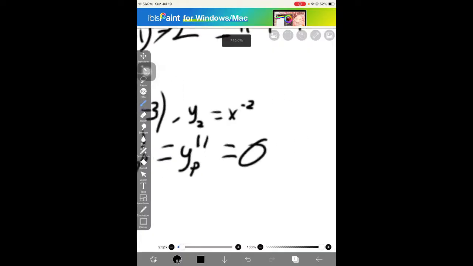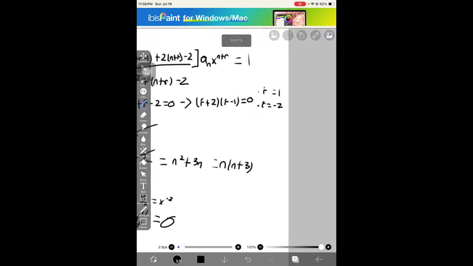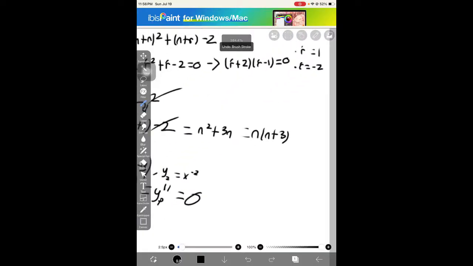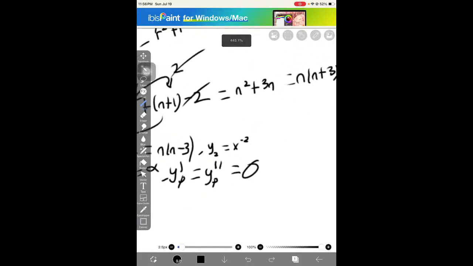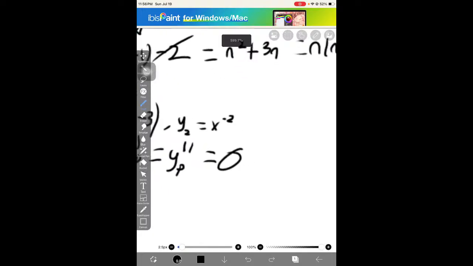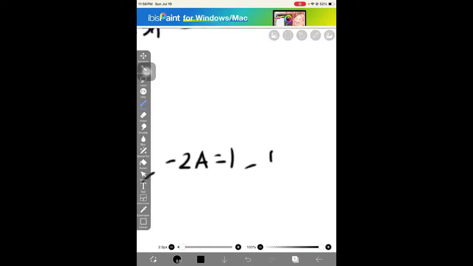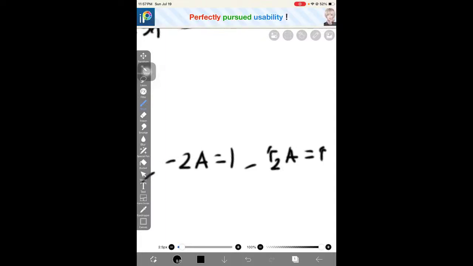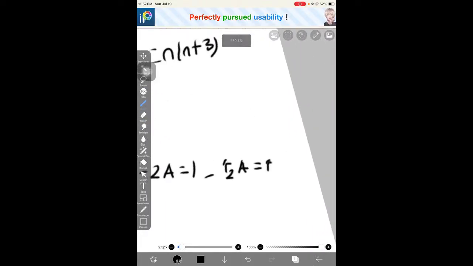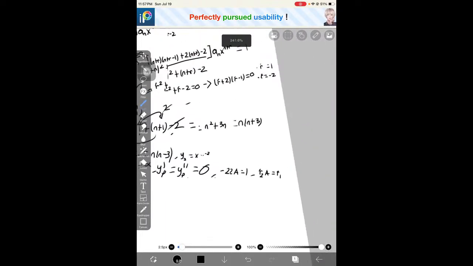So we're going to use our indicial solutions here and set up a relationship. Something like this: negative 2a equals 1. In other words, r sub 2 times a equals r sub 1.